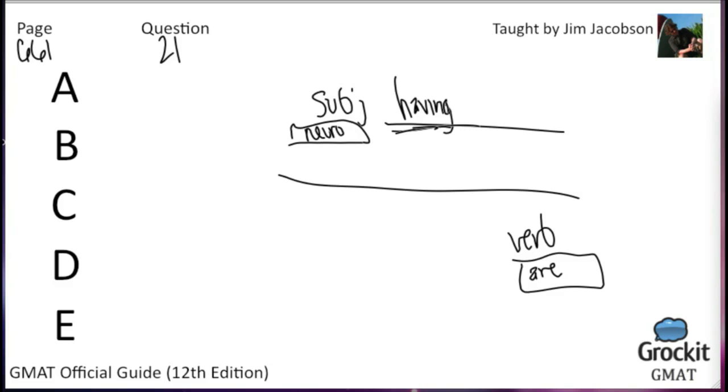So choice A, a neuroscientist, okay, modifying phrase, having amassed a wealth of knowledge, okay, that modifies neuroscientists. Over the past 20 years, that explains the time frame over which they amass the knowledge. About the brain, okay, so that's knowledge about the brain.